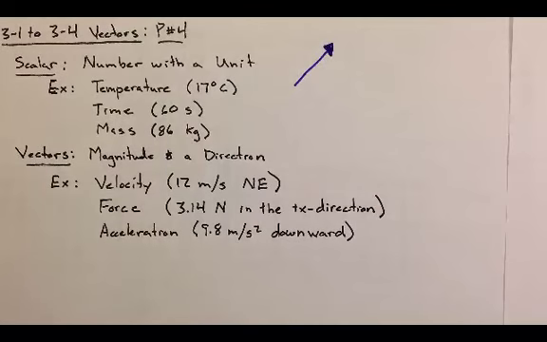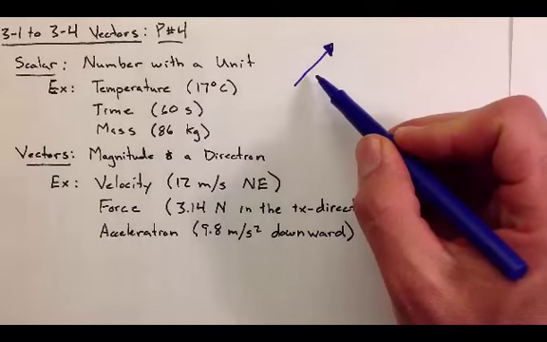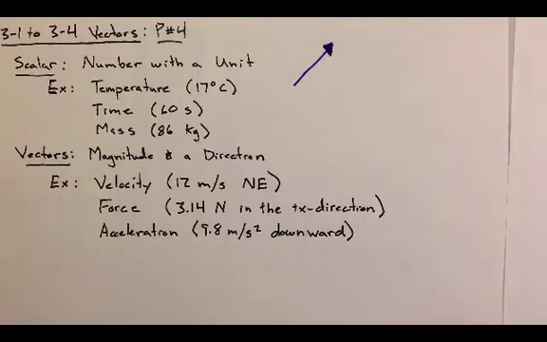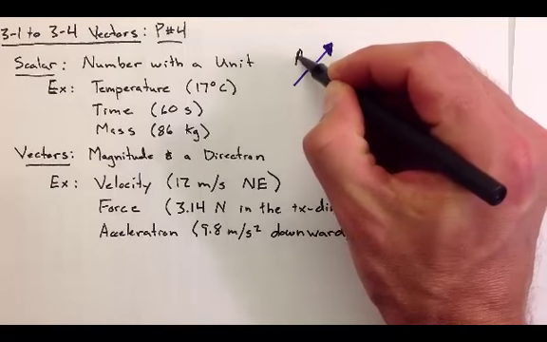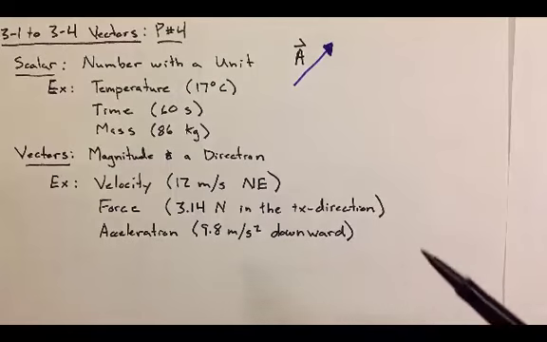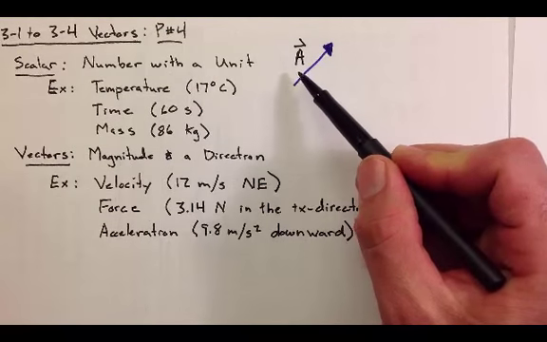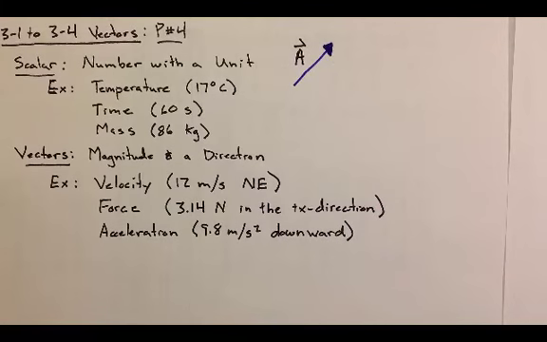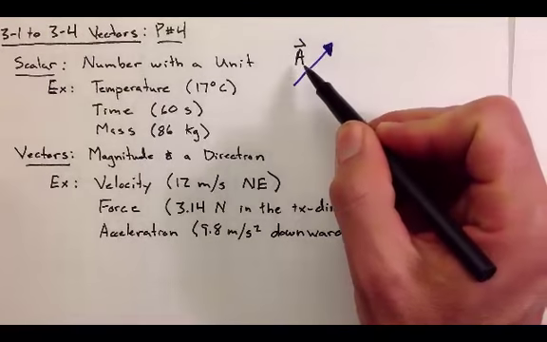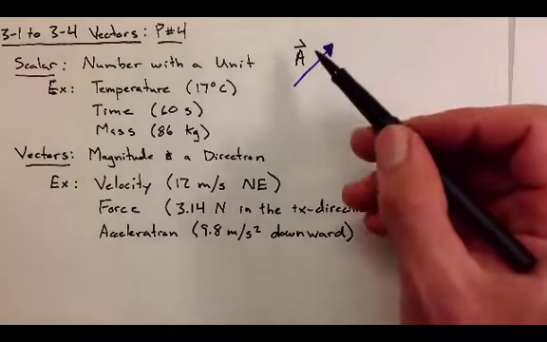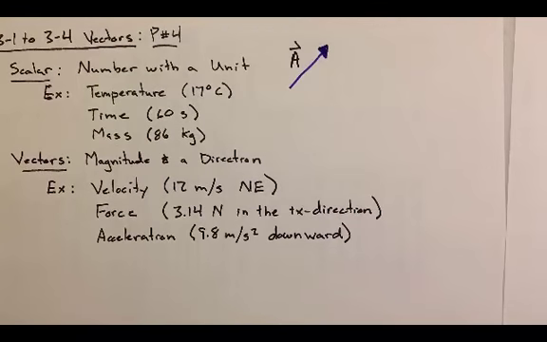And then, of course, the vector has a particular direction it's pointing. If I want to call this vector something, I might call it vector A. Vectors in your book will be in boldface type, but when you're writing out vectors in your notebook, you can't write in bold, so you write a little arrow on top of them. So I would say this is vector A.